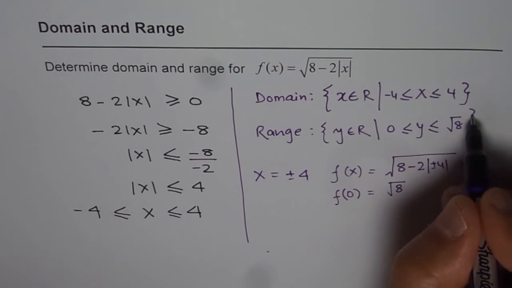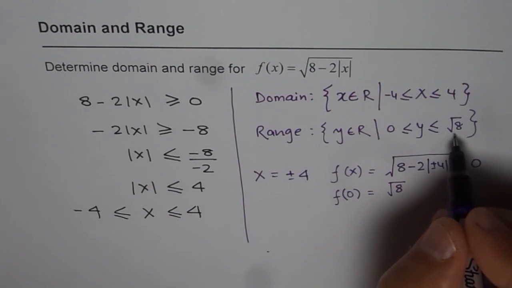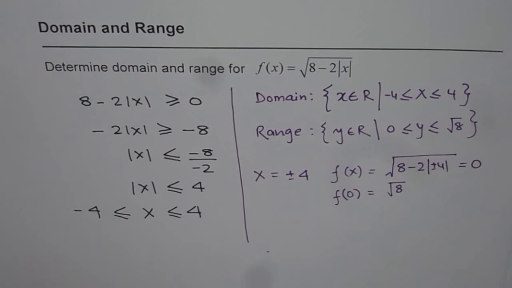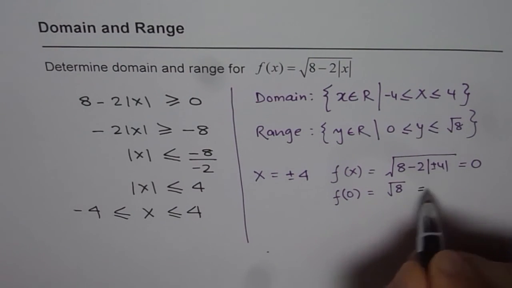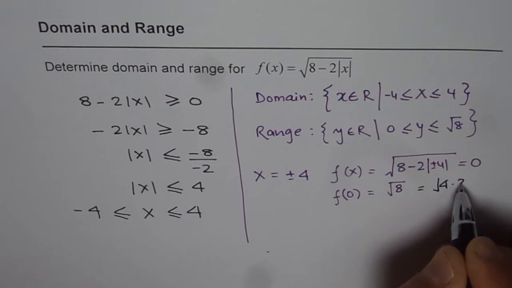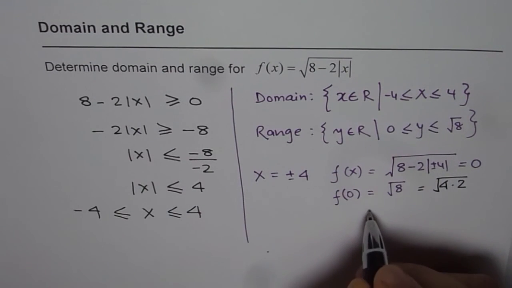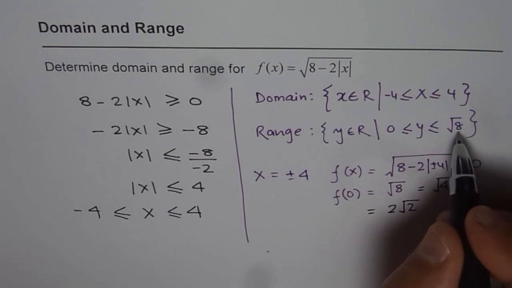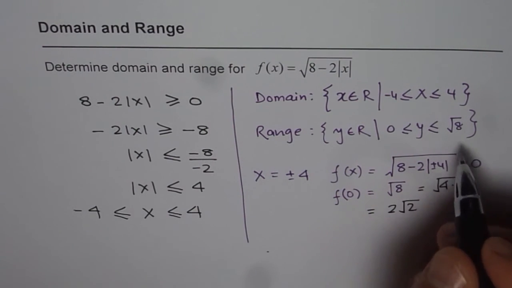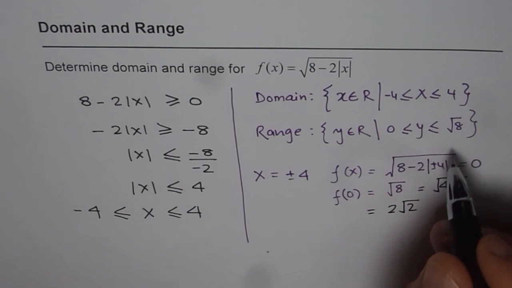Or the square root of 8 is 2 square root 2. The square root of 8 could also be written as the square root of 4 times 2, which is equal to 2 square root 2, right? So you can replace the square root of 8 by 2 square root 2 also.